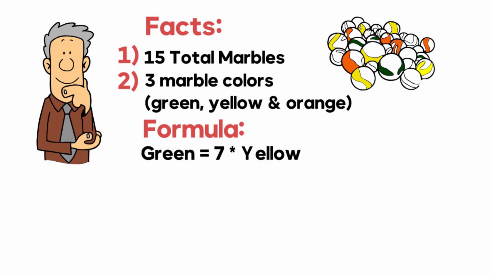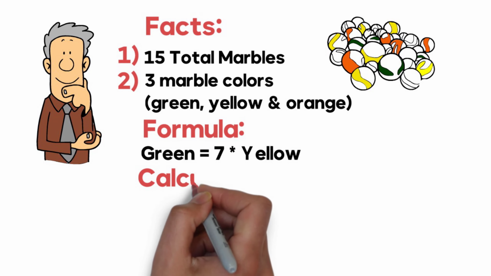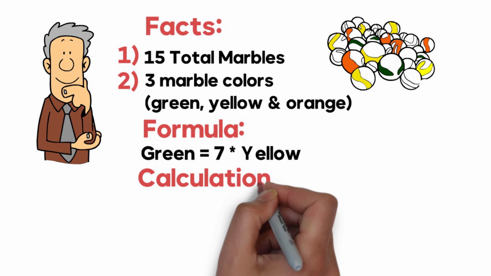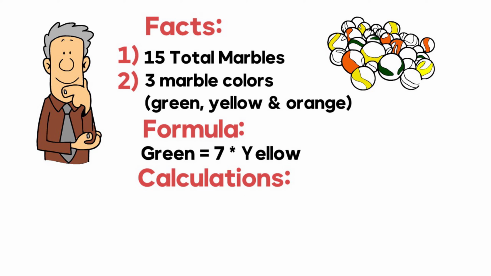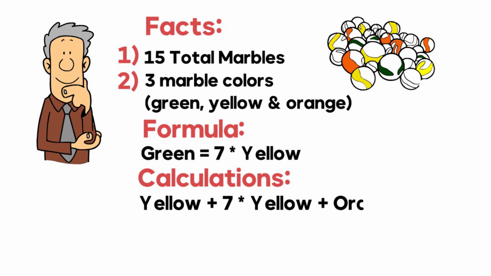How does it help us? With this type of information, we can easily build the calculations, and we will base our calculation off of yellow marbles. The calculations will be yellow marbles plus 7 multiplied by yellow marble plus orange marbles equals 15.